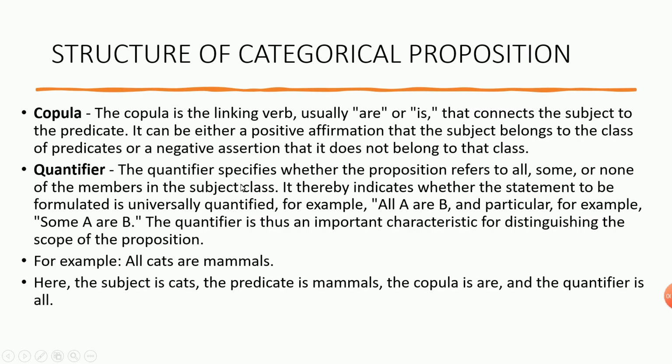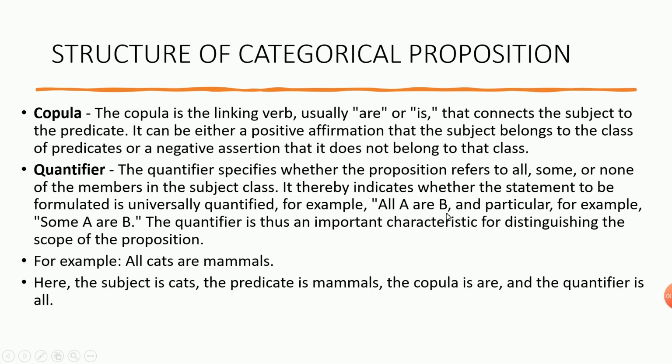Next comes the quantifier. The quantifier specifies whether the proposition refers to all, some or none. Like I said, all members, some members, no members. These three words will repeatedly come up in the statements. It thereby indicates whether the statement is universally quantified, so we are quantifying whether it applies as a whole, not just one or two elements.